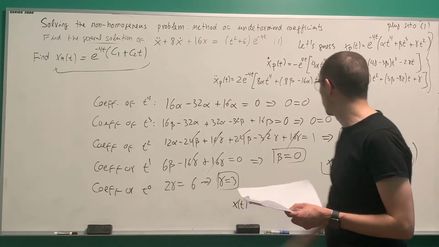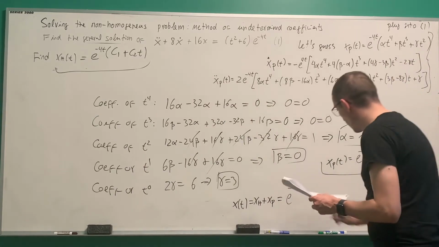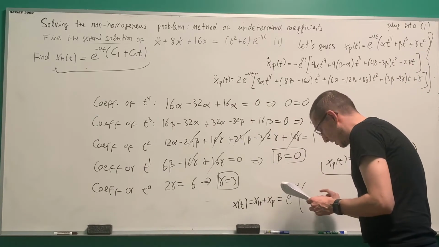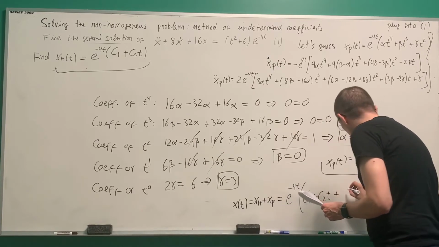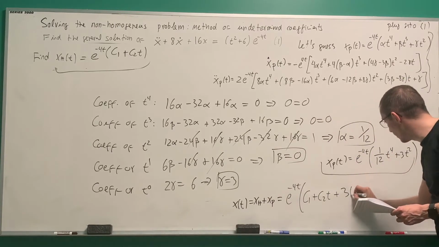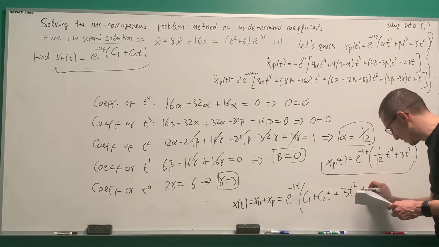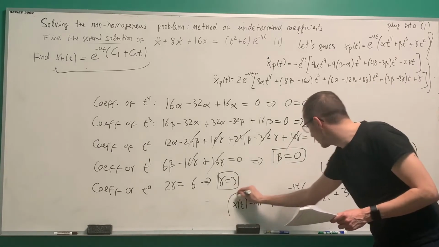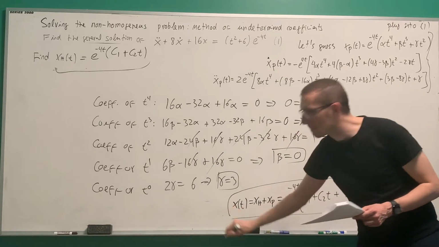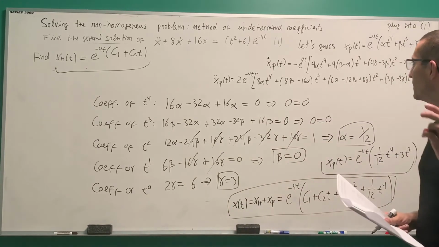We can take common factor of e to the minus 4t when we sum these two, and we get c1 plus c2 t plus 3t squared plus 1 over 12 t to the 4. And this is the final solution. All right, I hope this is helpful.